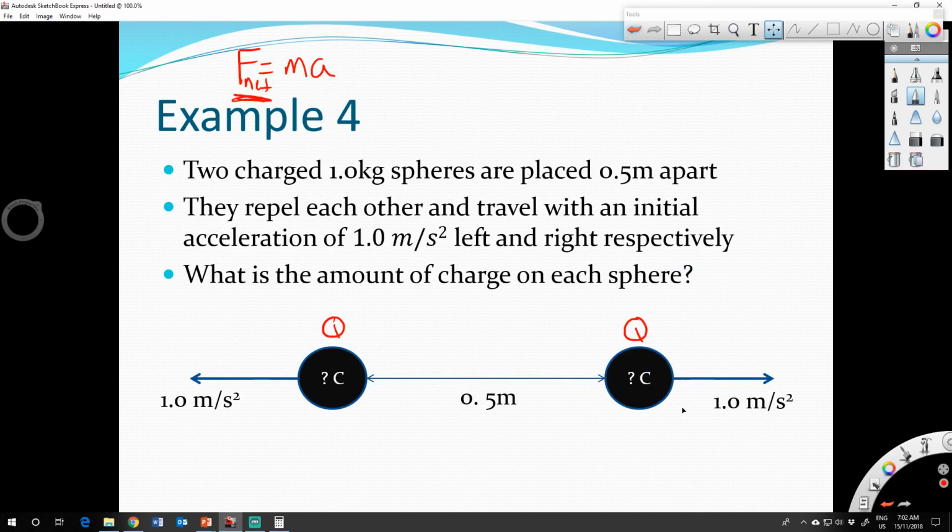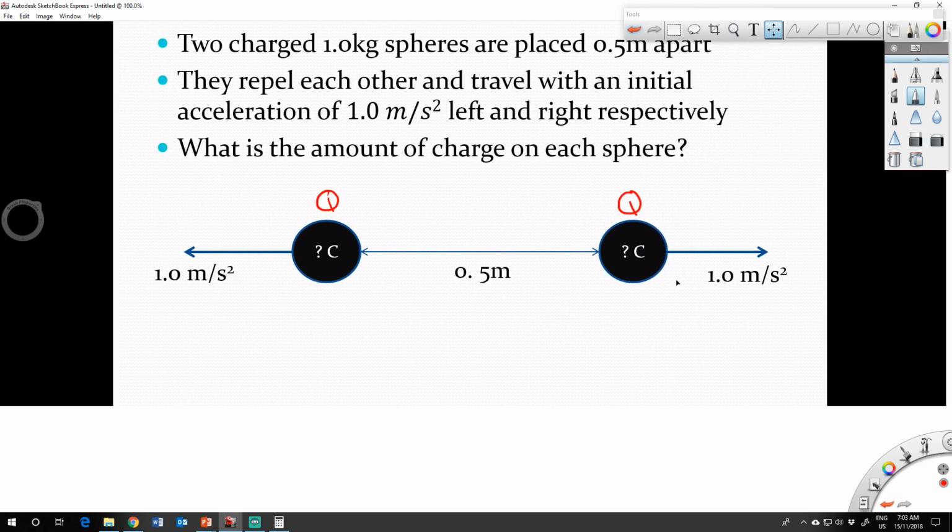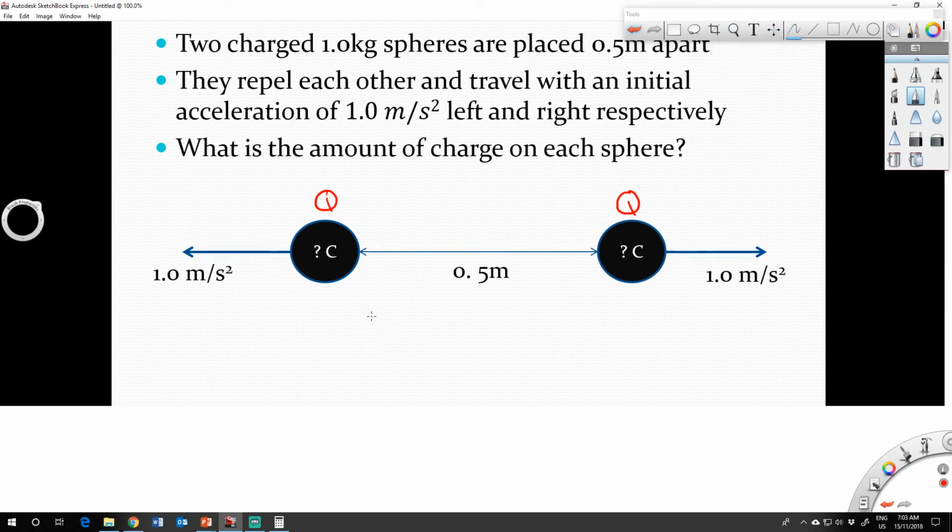All right, so at some point we need to figure out what the net force is on these spheres. So let's focus on the one. Since they're charged identically, we don't need to worry about the other one. F equals K Q1 Q2 over R squared, but it's the same charge, so I can just go straight to K Q squared over R squared.